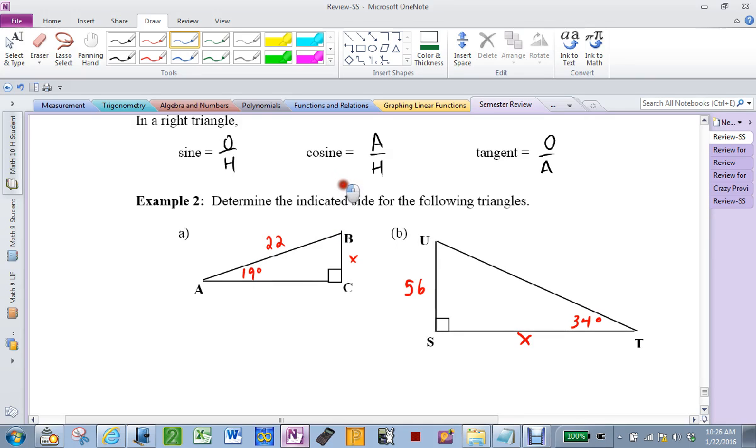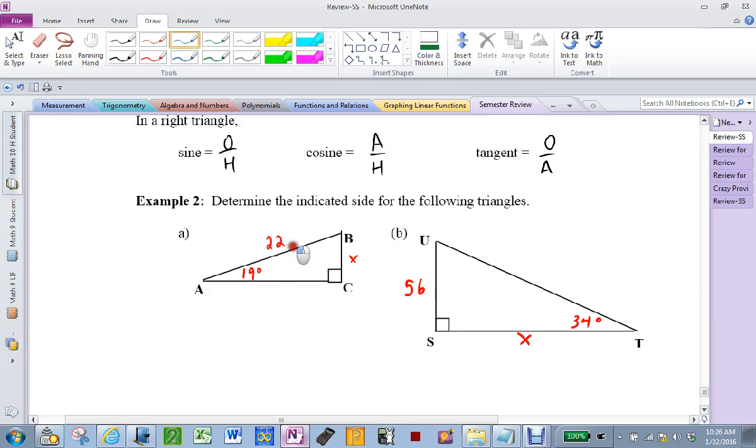What is the key to every trig problem? What must you have? A right angle triangle. Does it matter what it looks like? No. So just draw one. This one's drawn for you.